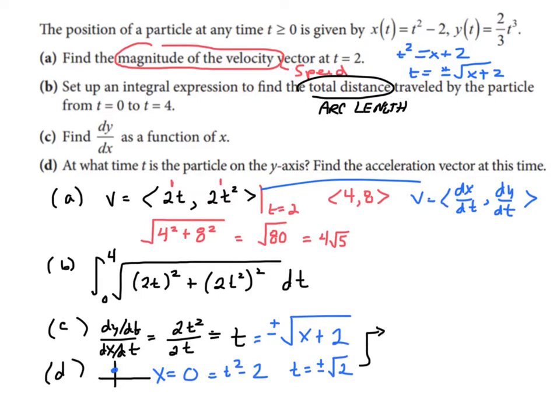It asks us for the acceleration vector. Well, acceleration, let's get that vector. It would be 2 and 4t. So at that time, we'd have 2 and 4 square roots of 2, or 2 and negative 4 square roots of 2. So we have two acceleration vectors when the particle is on the y-axis.